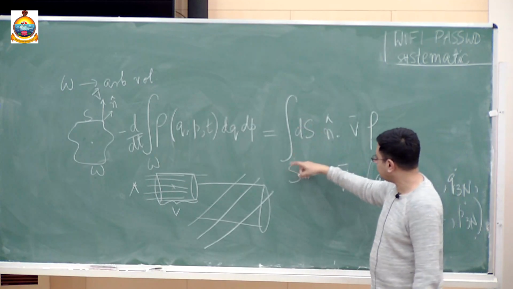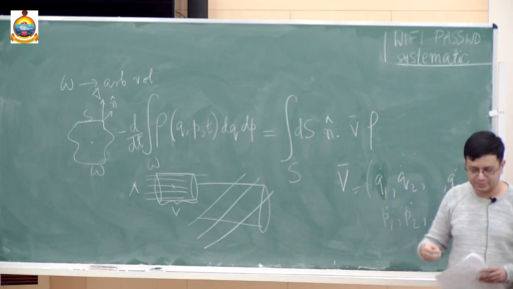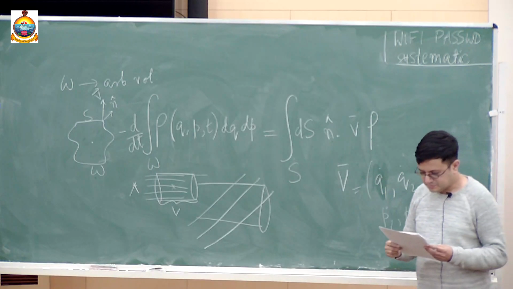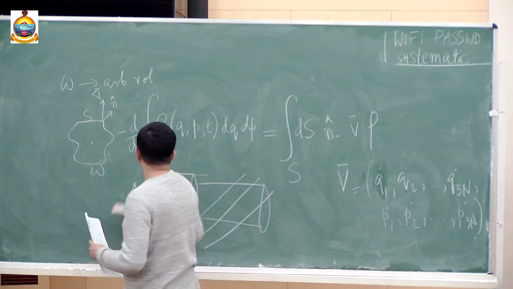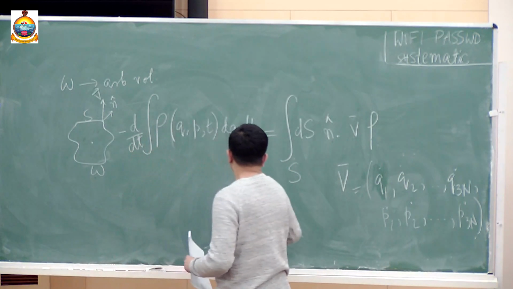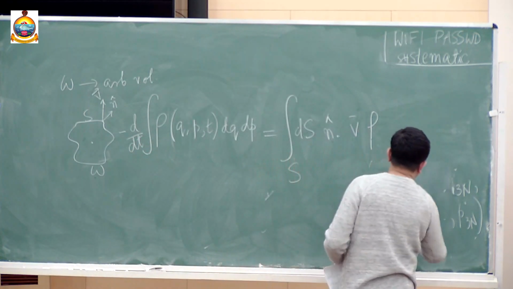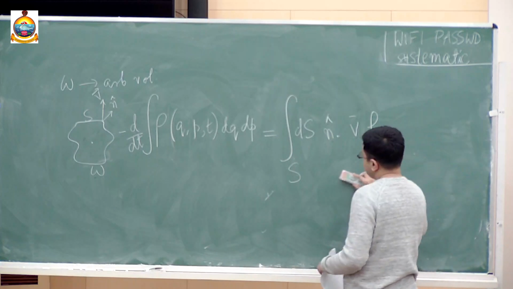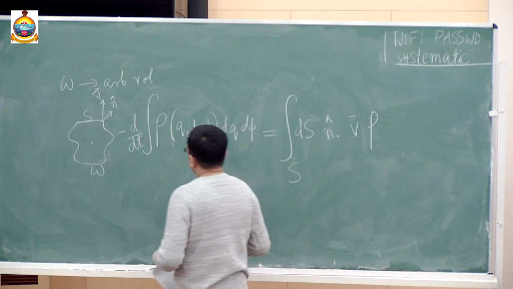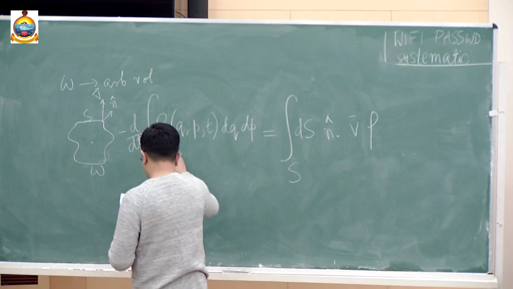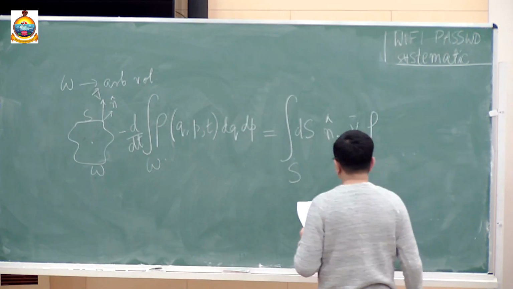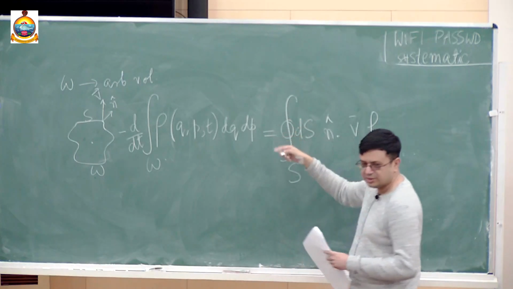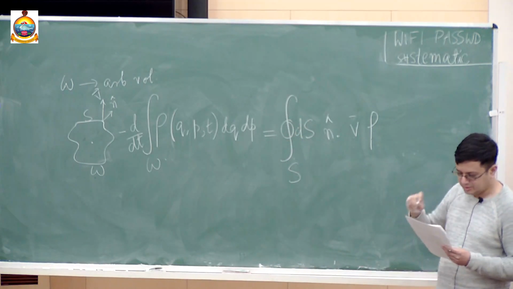Then I integrate it over the whole surface enclosing the volume. So this is the current. This is a closed surface enclosed.